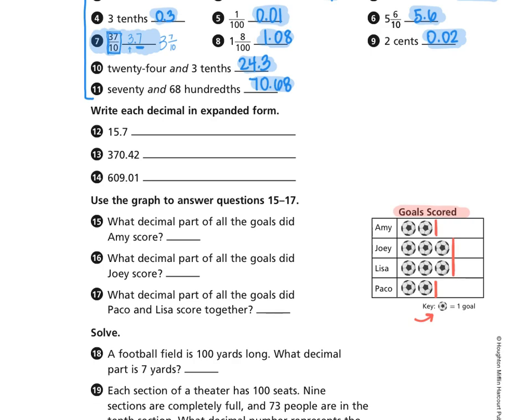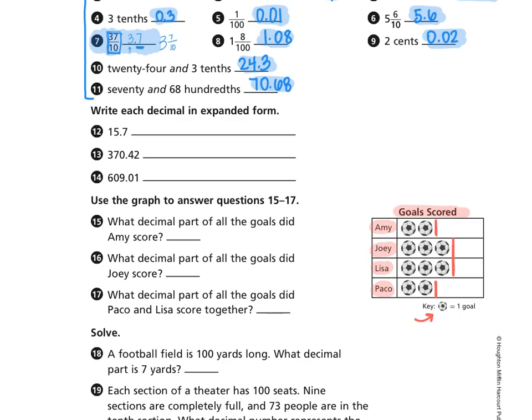I noticed that there are 4 people in the graph. Yeah, Amy, Joey, Lisa, Paco. Anyone else notice something that was not mentioned? Anything extra that wasn't mentioned? Megan, what do you notice? But at least everybody has 2. Okay, everyone has at least 2 goals.